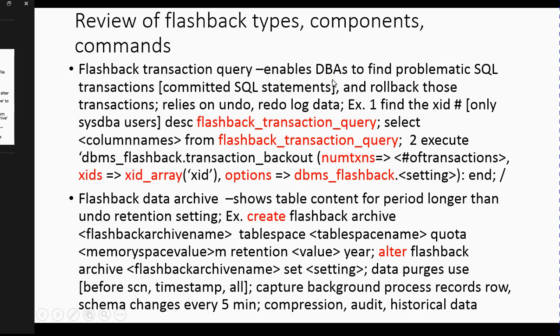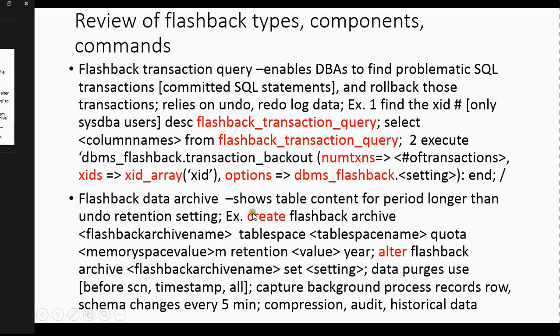Typically this is done by the sysdba. You have access to a dictionary view to look at what the XID is. XID is the transaction ID, along with other details, and you have to be able to execute the transaction backout procedure to roll back that transaction.